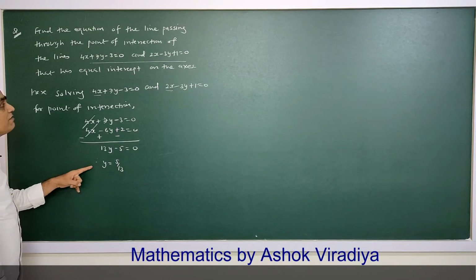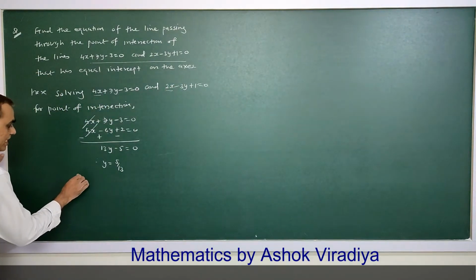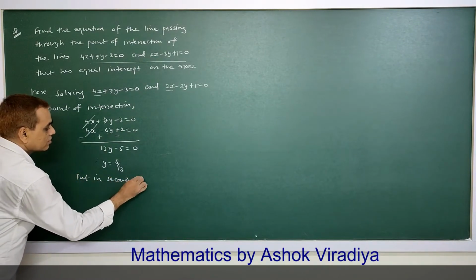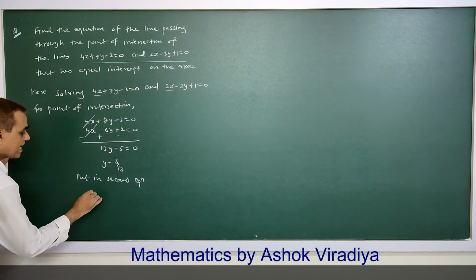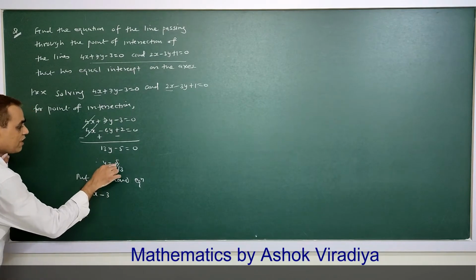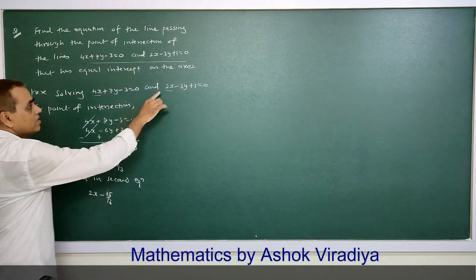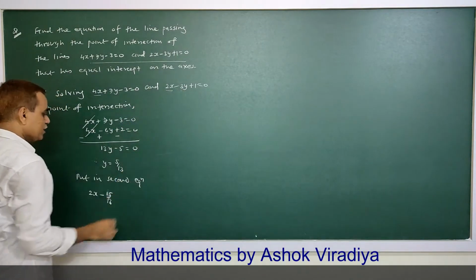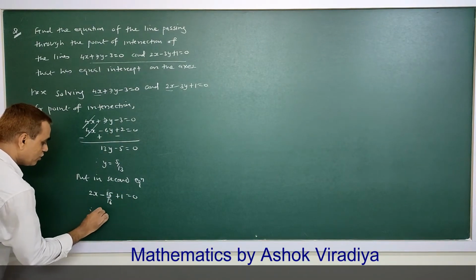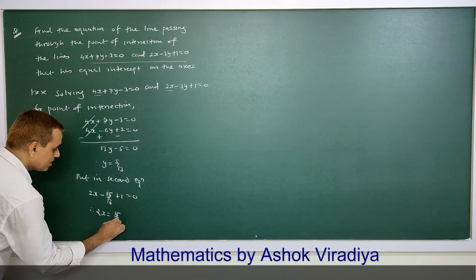Now putting this y value in any one of these equations, let me put in second equation. So putting in second equation, 2x minus 3 into y, y is 5 by 13, so 3 into 5 by 13 is 15 by 13, plus 1 is 0. So 2x is 15 by 13 minus 1.